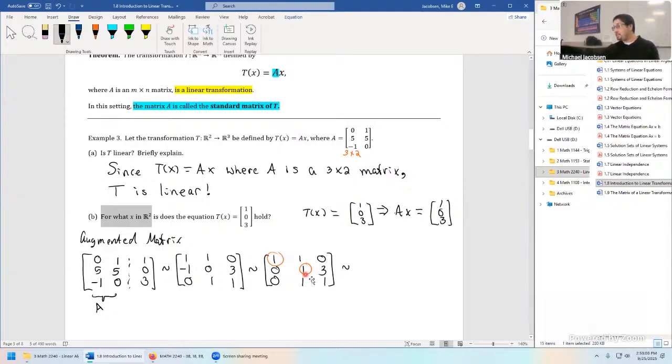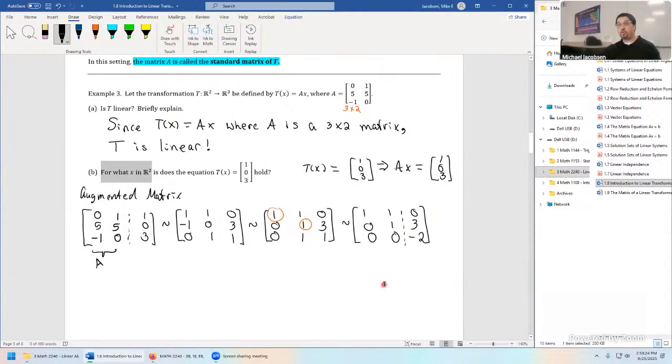The reason it's inconsistent is because it looks like we're going to get a pivot in the rightmost column. So it's 1, 1, 0, 0, 1, 3. Multiply row 2 by negative 1, add to row 3 to get 0, 0, negative 2. And our job is done at this point.